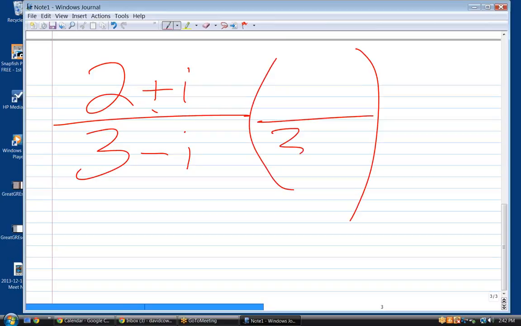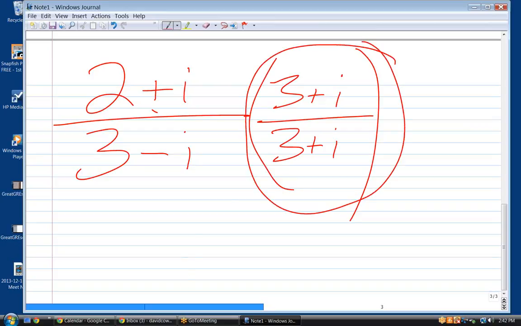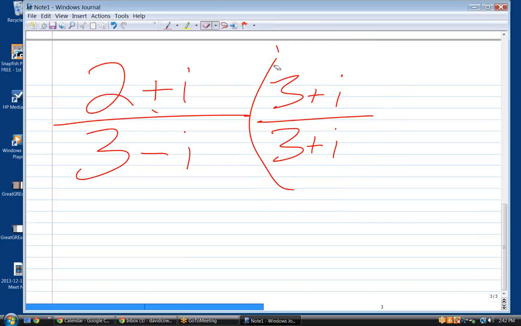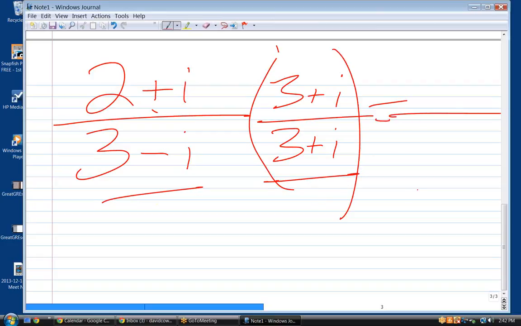The conjugate is 3 plus I. This number here is 1. So all I'm doing is multiplying this fraction by the number 1. I'm not changing it. But when I multiply that by its conjugate, you lose the imaginary part.